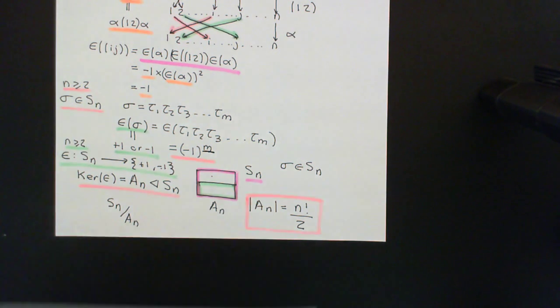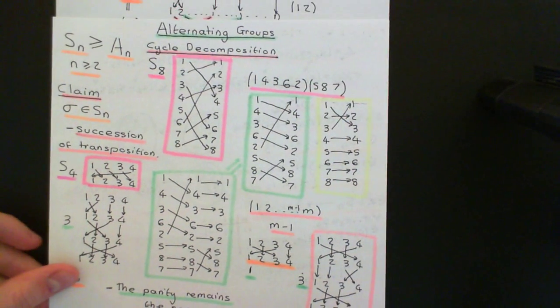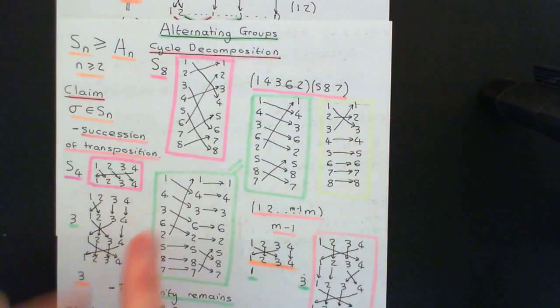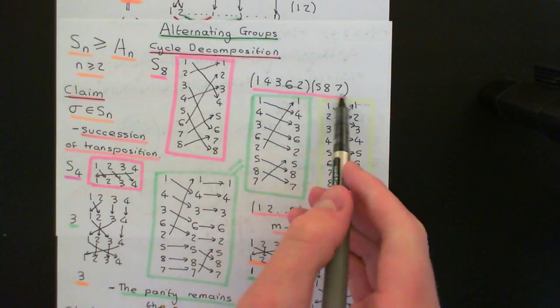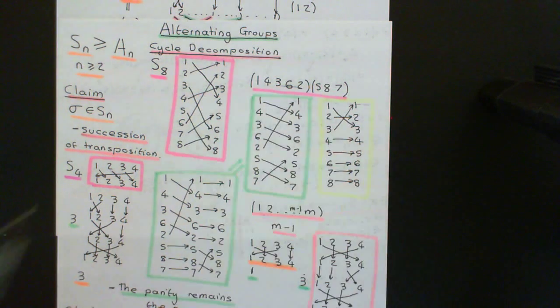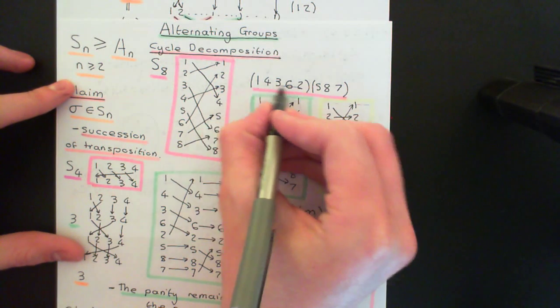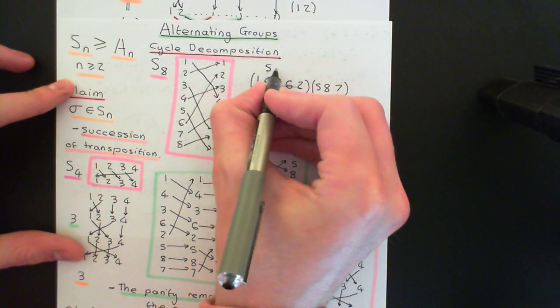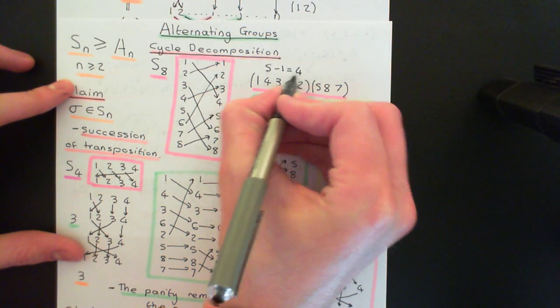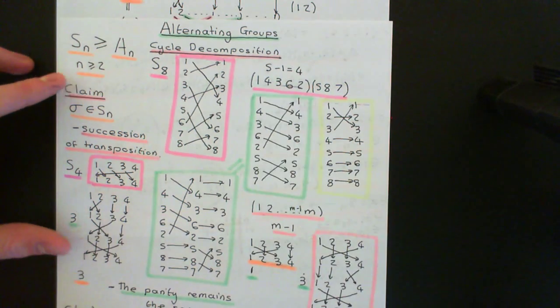So if I bring back up my original piece of paper here with this example from S8, remember this element could be decomposed into this cycle decomposition here. So we've got a 5 cycle and a 3 cycle. This 5 cycle could be written as 5 minus 1, which is 4 transpositions by, where is the theorem?